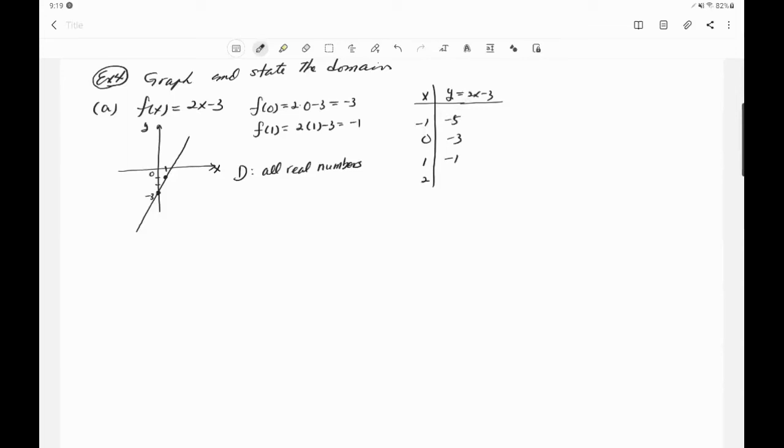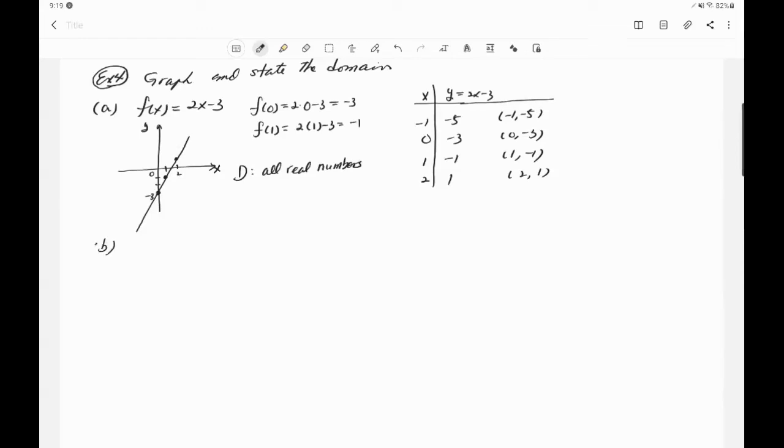If x equals 2, then 4 minus 3 is 1, right? So we have the ordered pairs (-1, -5), (0, -3), (1, -1), and when x equals 2, y equals 1, and so on. So you can plot all these points, then connect those points, and it will form a straight line.